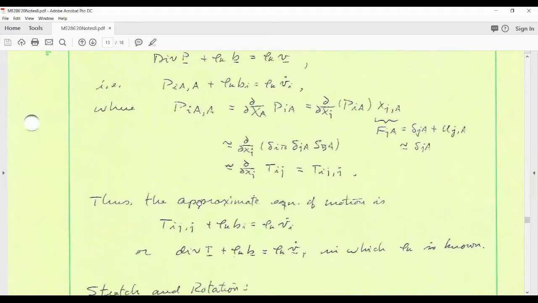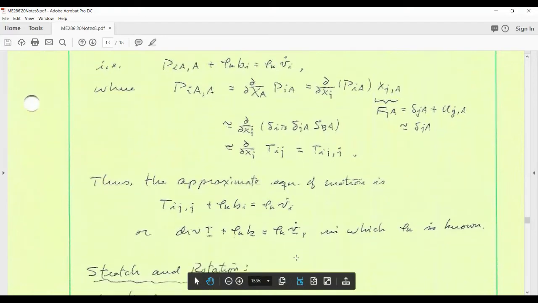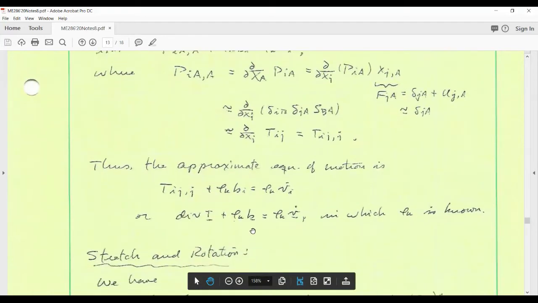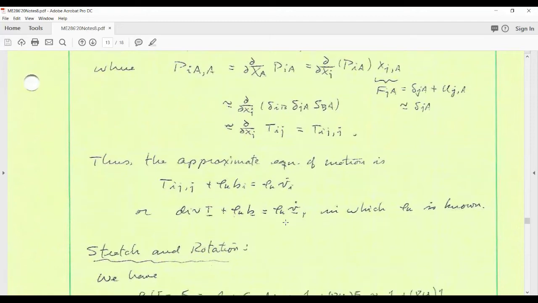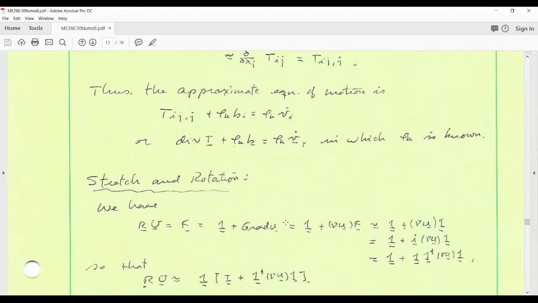So the approximate equation of motion is the spatial divergence of the Cauchy stress equals this, but the difference between this and the conventional statement of the Cauchy equation of motion is that the mass density now is the referential mass density, which is fixed.